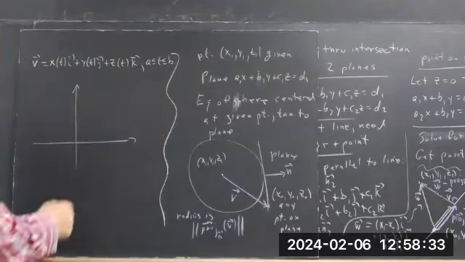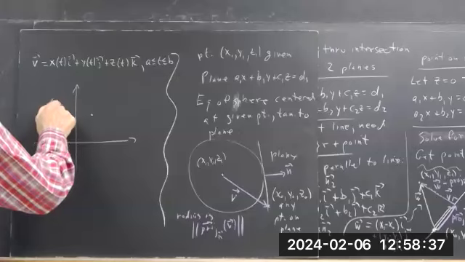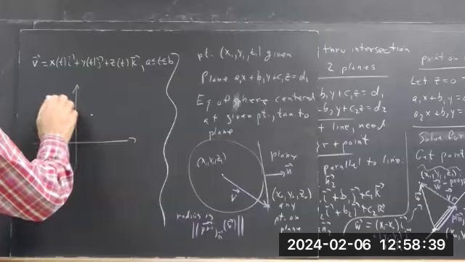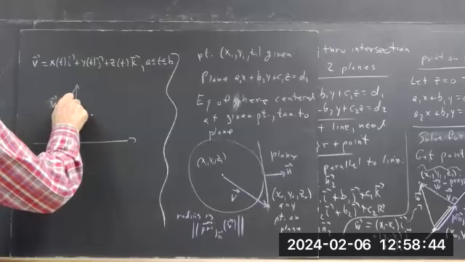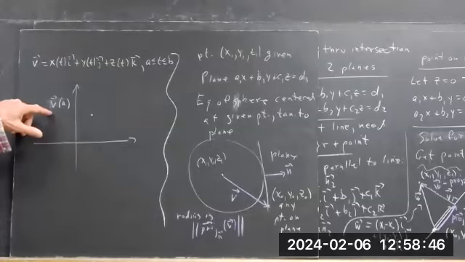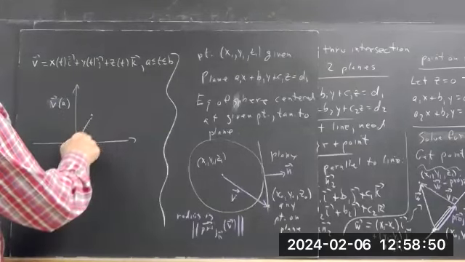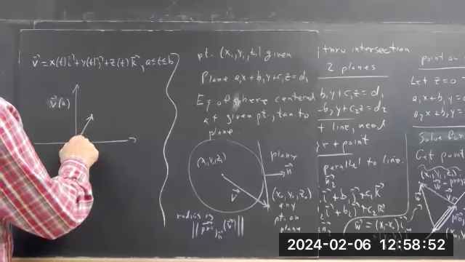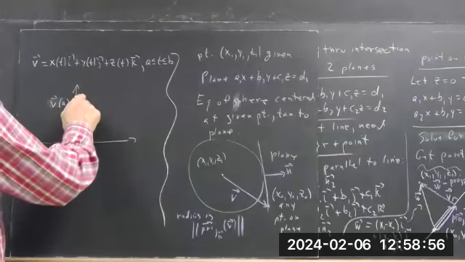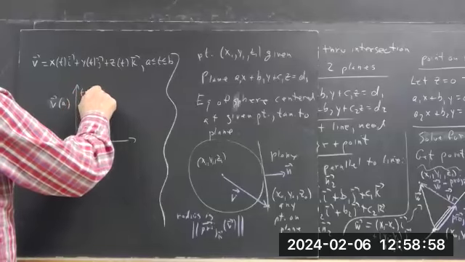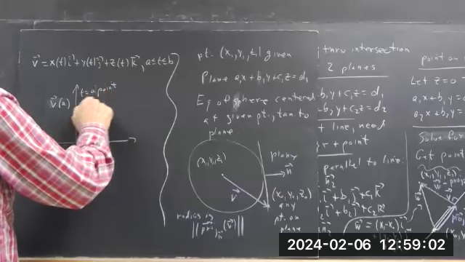Let t run from a to b. So I've got some point here on the plane. This is defined by the vector v from t equals a. So there's a vector out to here. So here's my initial point, the t equals a point.